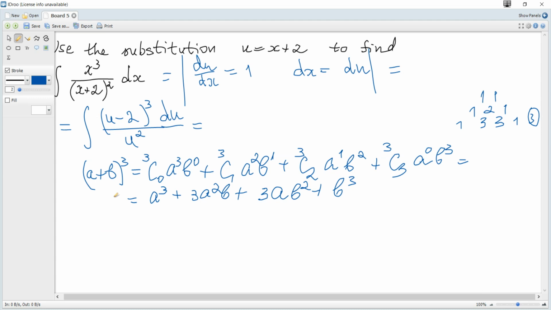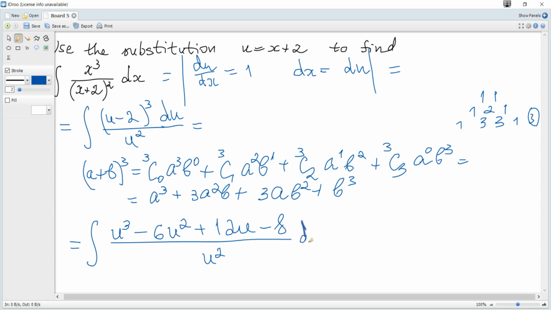and it becomes, divided by u squared, a cubed, so it's u cubed plus 3a squared, so 3u squared times negative 2, so it's negative 6u squared, plus 3u times negative 2 squared, so 12u, plus b cubed, negative 2 cubed, so negative 8, du.